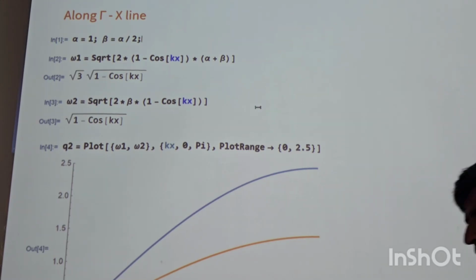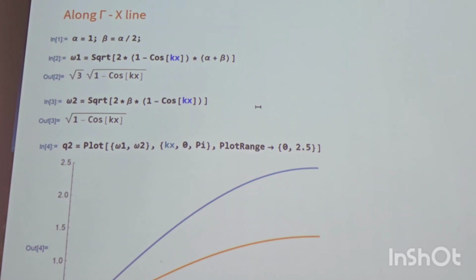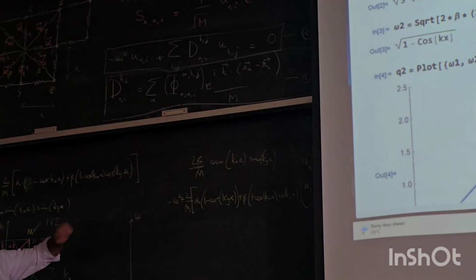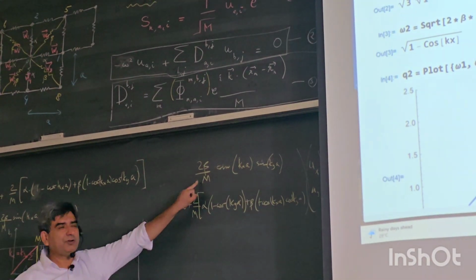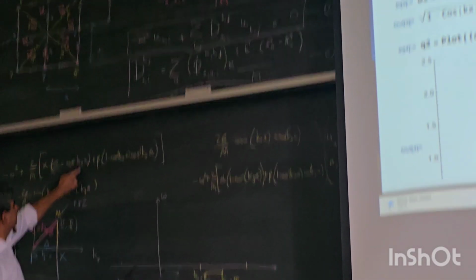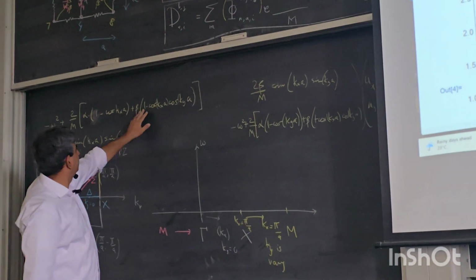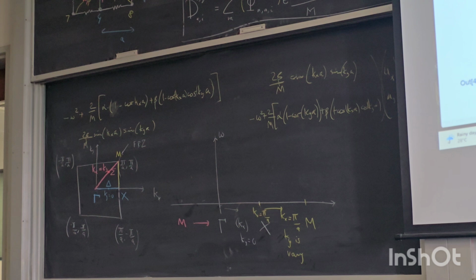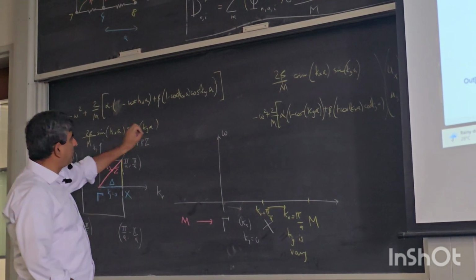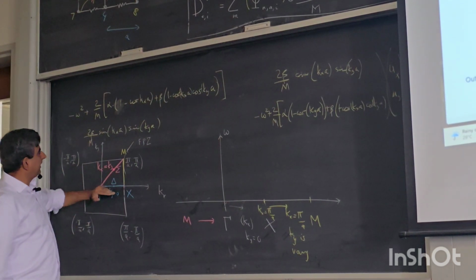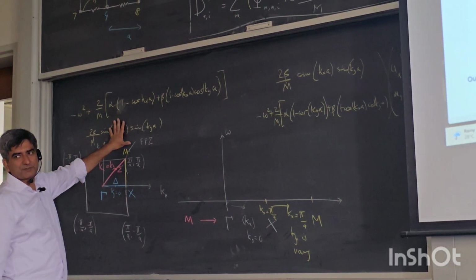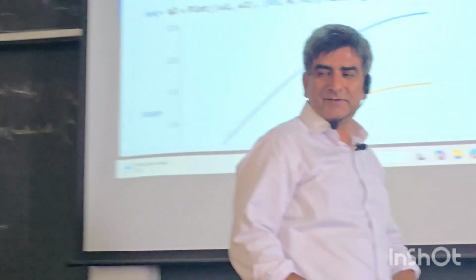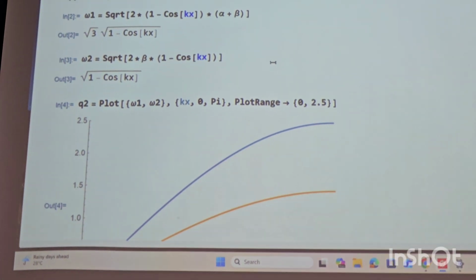In this equation I put ky equals 0, so this term becomes 1, this term becomes 0, and 1 minus cosine of kxa, and so on. Did I miss an alpha plus beta? Oh no, I haven't. Along this line ky equals 0, I solve this equation for omega, and I get 2 roots, of course, because I have 2 branches. These are what my roots look like.